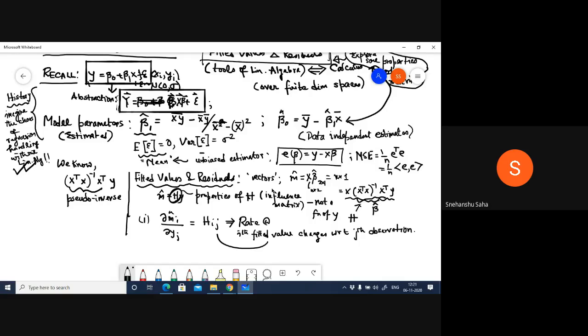That is the reason it is called an influence matrix.